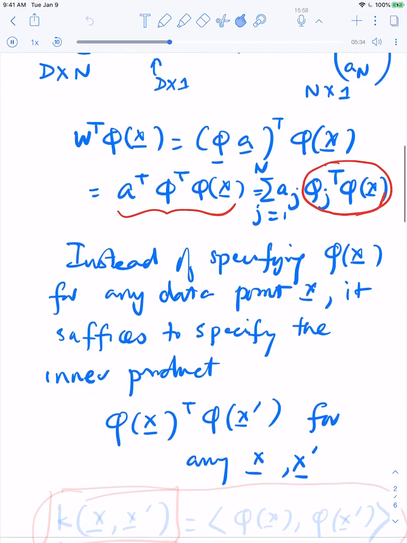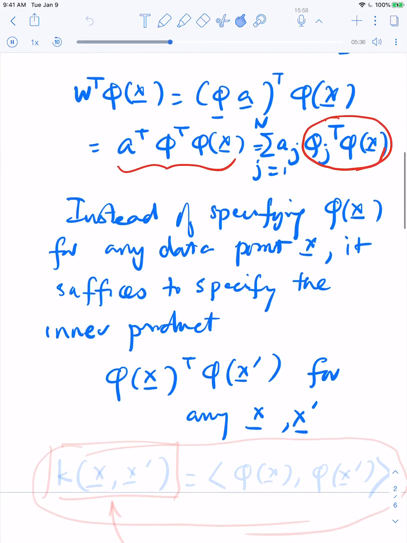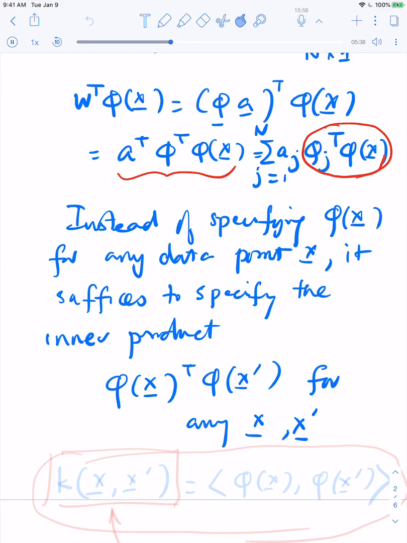Then if you knew that, you could find the inner product between any two training feature vectors as well as the training feature vectors and any new feature vector corresponding to a point that you want to do inference on.